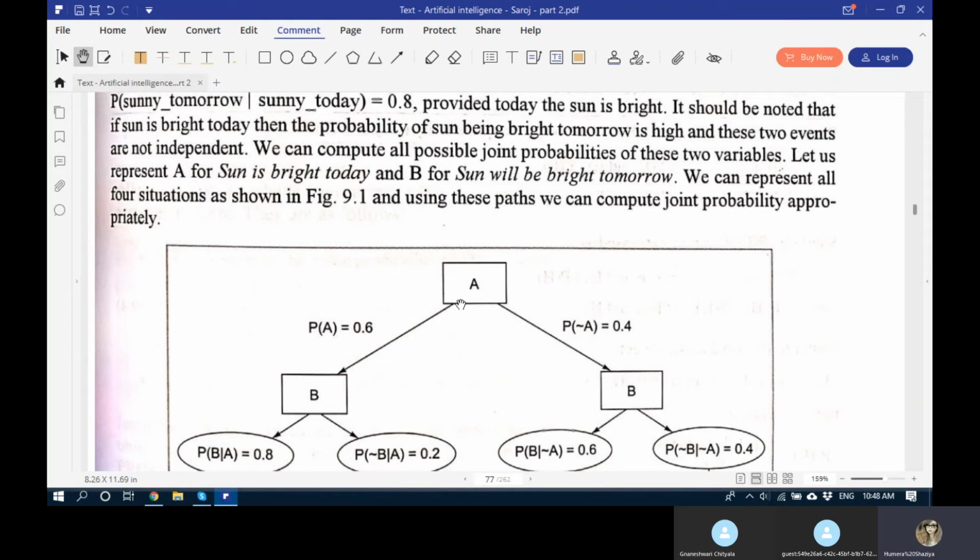Sun is bright today. What is B? Sun will be bright tomorrow. So sun is bright today is 0.6, and sun is not bright today is 1 minus 0.6, equal to 0.4.